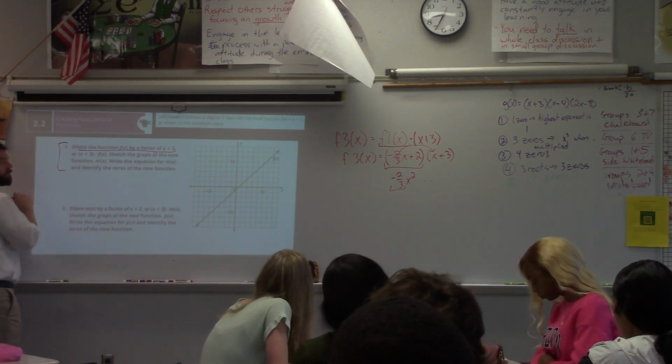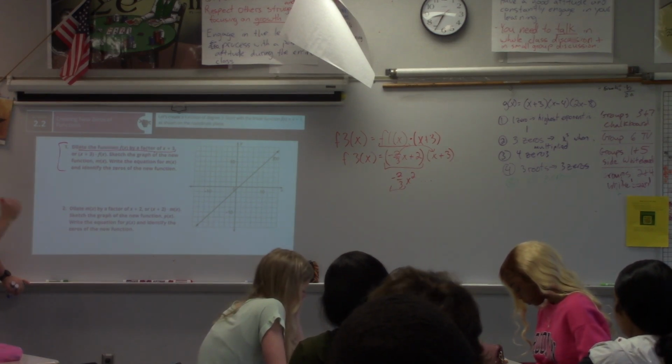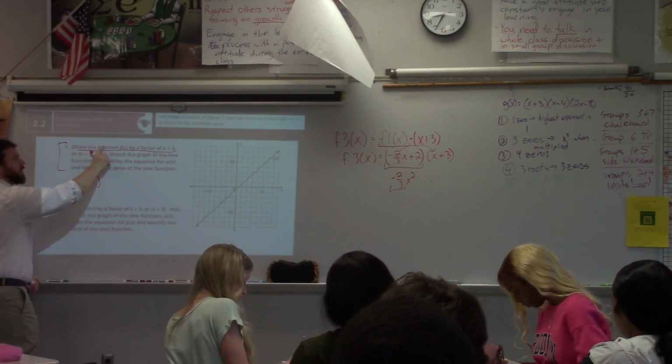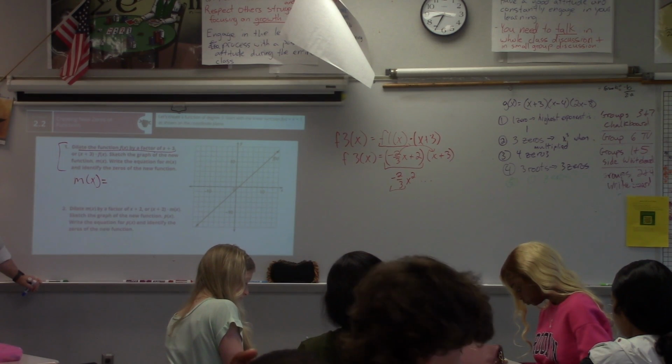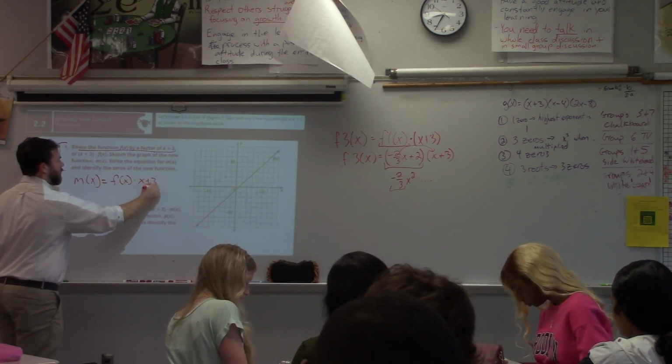Well, it gave us m of x, yes, but this language of dilating the function f of x by a factor of x plus 3, what does m of x equal?